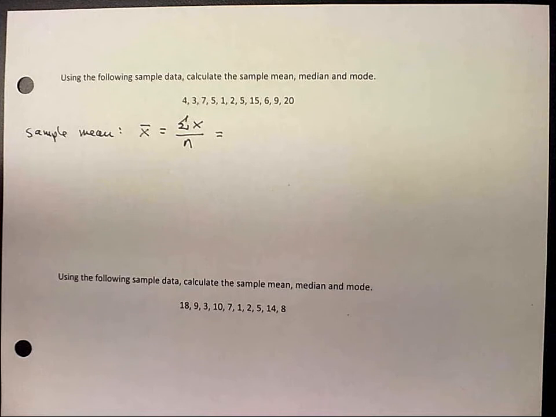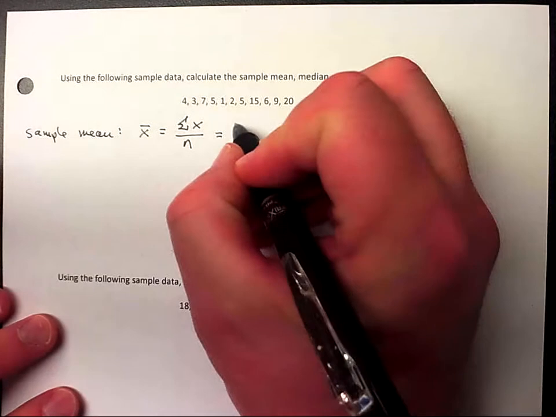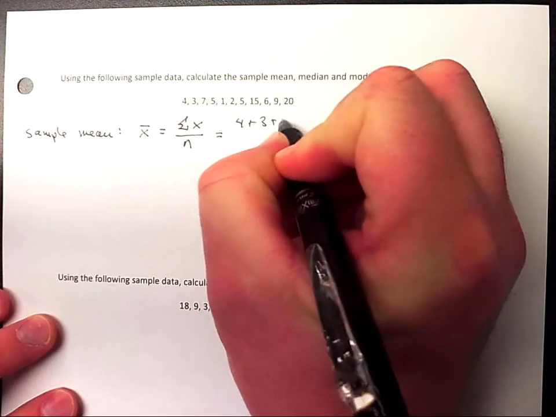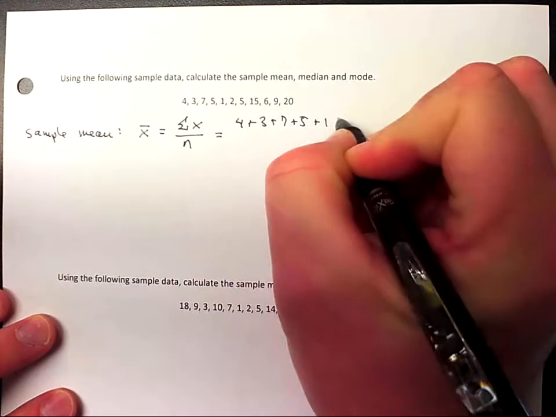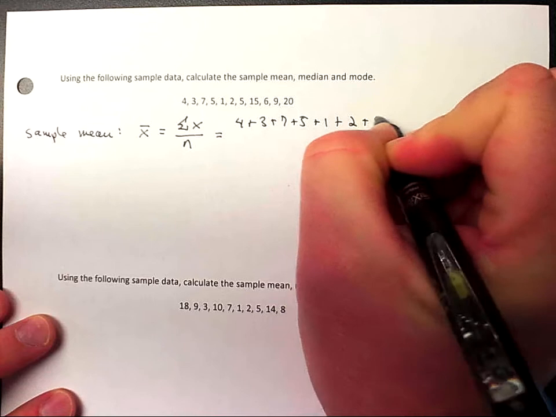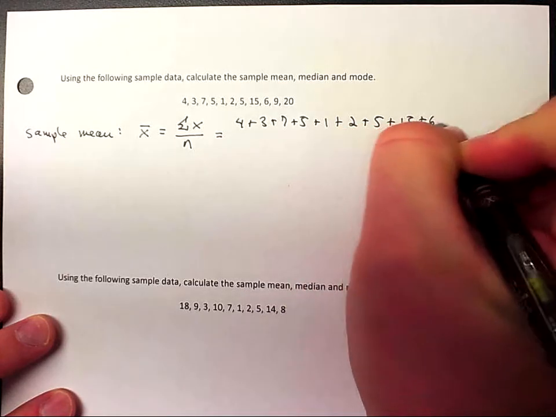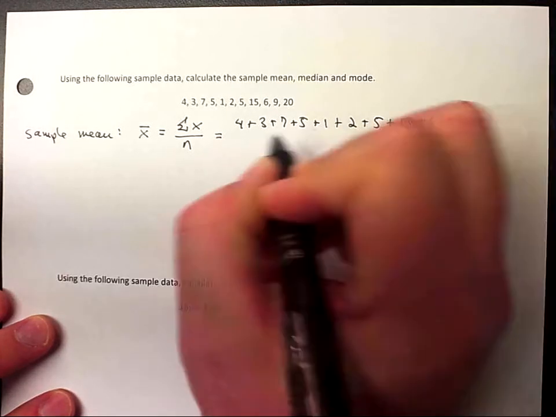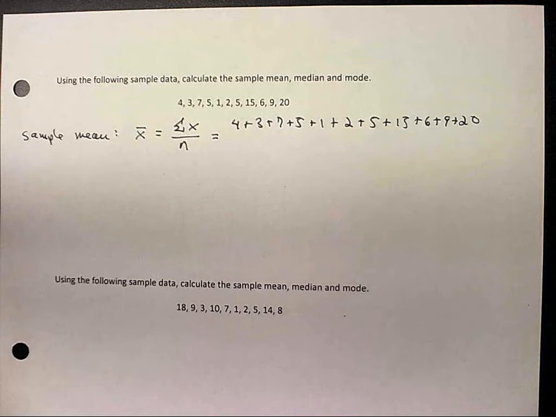If we wanted to do this formula, and if you want to show your work, how could we be explicit about this formula? What would you write down in order to show your work? Going to add them all up. So we have 4 plus 3 plus 7 plus 5 plus 1 plus 2, and then all the way to the end. And then what would be our next step?